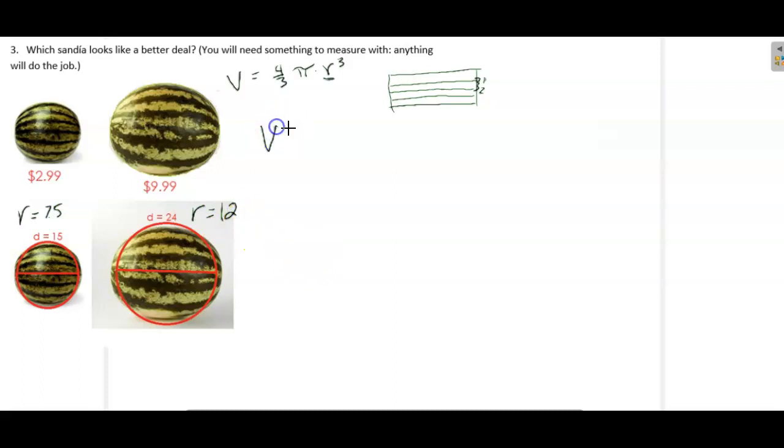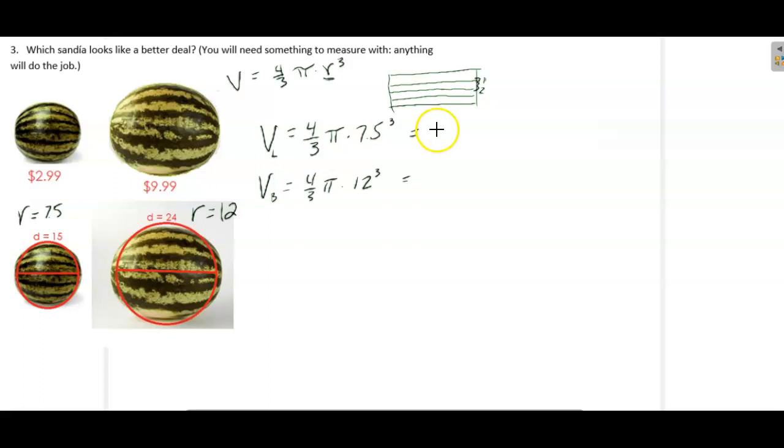So to compare their volumes first, in order to compare their prices, I'll put the volume of, let's just make this one L for the little one, and that's going to be 4/3 pi times 7.5 to the 3rd power, and the volume of the big one is 4/3 pi times 12 cubed. I'm going to go ahead and use my calculator, and I guess you could use 3.14. We're estimating, so let's just go 4 divided by 3 times 3.14 times 7.5 to the 3rd power.